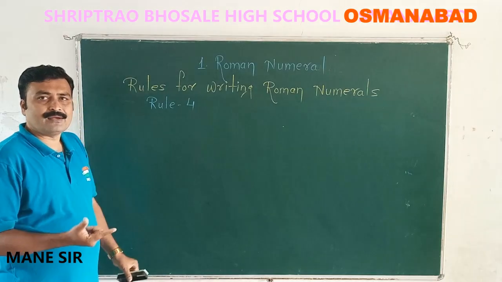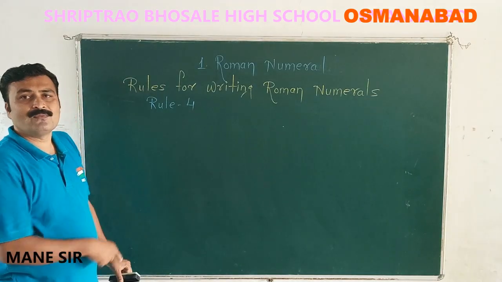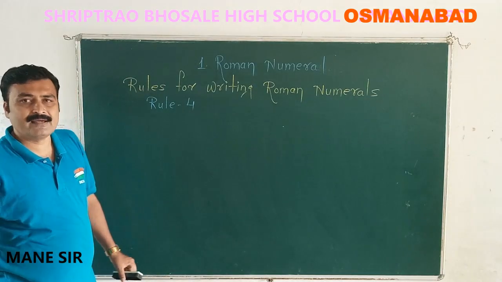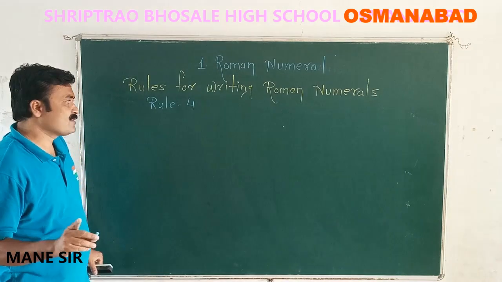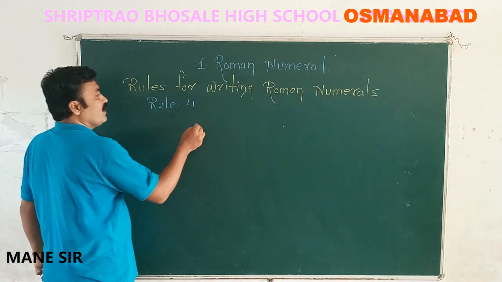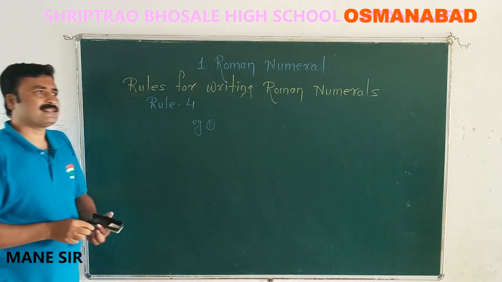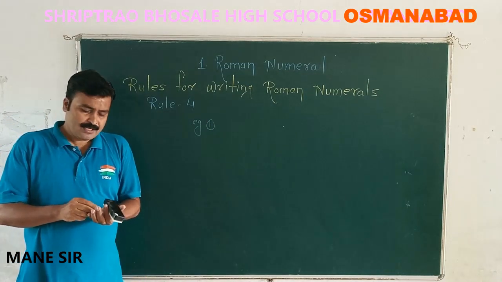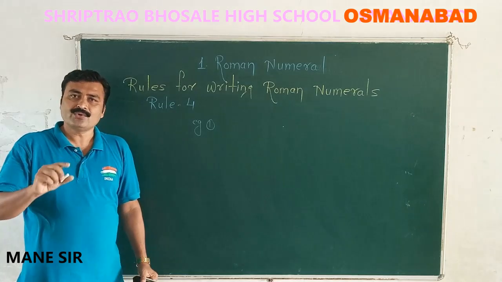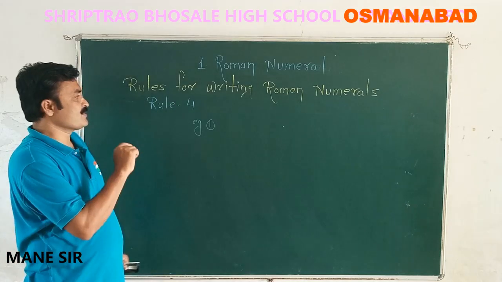Now, how can we work according to this rule number 4? Let's proceed on this green board. To explain this rule number 4, here I am taking the first example in front of you. Now let's continue. First, numbers between 1 to 100 only under this rule.